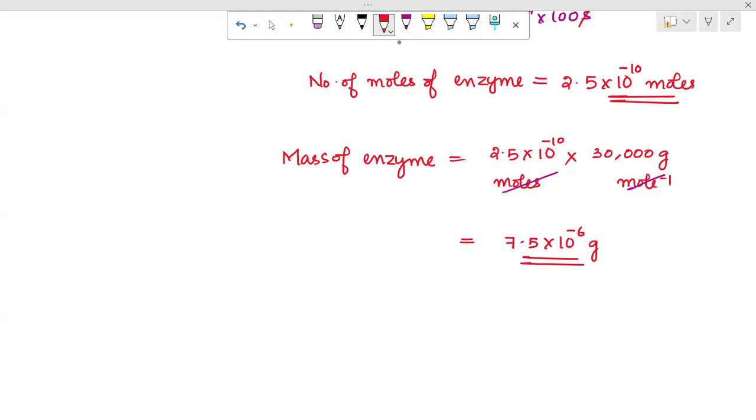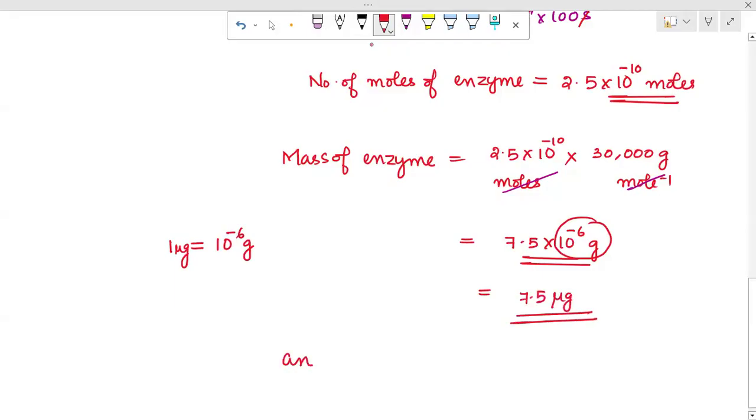This much of grams. But in the question, they have asked to convert it into micrograms. We know that 1 microgram is equal to 10 to the power minus 6 grams. So you have 10 to the power minus 6 grams over here. So this is simply 7.5 micrograms.